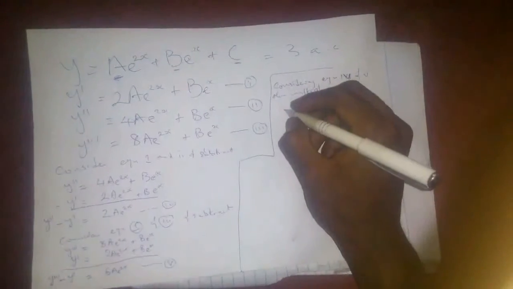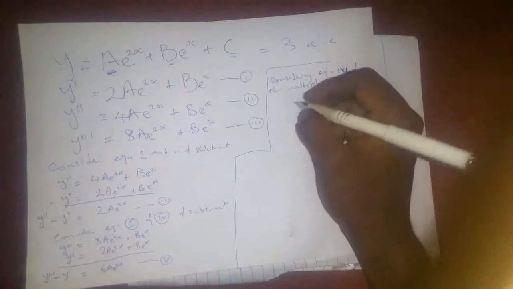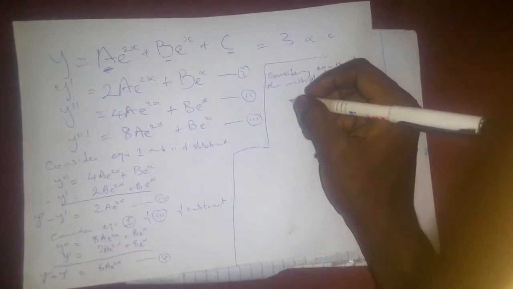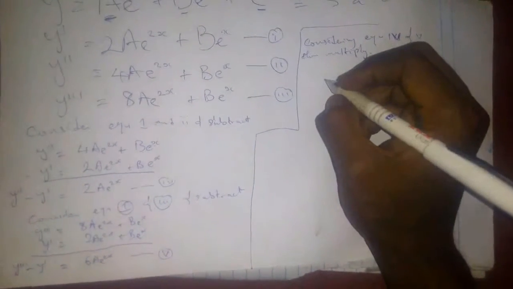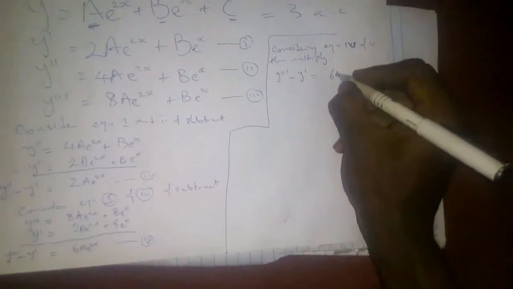Now how do we do that? So let's take equation 4, which we had earlier. The equation 5 rather is y'' minus y', which will give you 6ae^(2x).